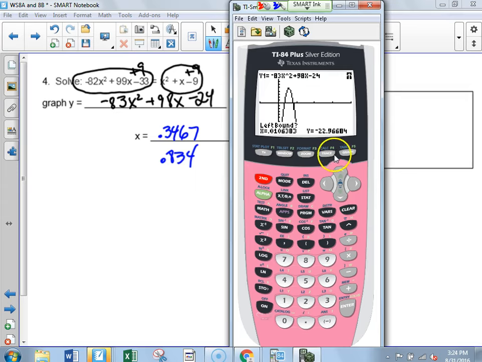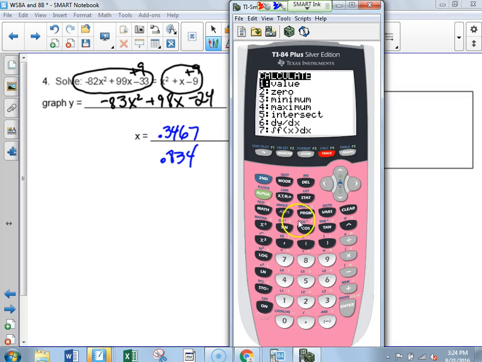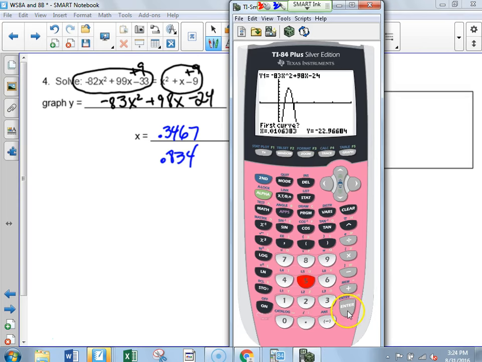I picked 0, dingbat, trying to do it by intersect. Why didn't anybody tell me I'm picking the wrong thing? Okay, enter, enter, and then pick one closer to 0, and that'll find the other one, okay? So you can use intersection as long as you put 0 in one of your y equals.